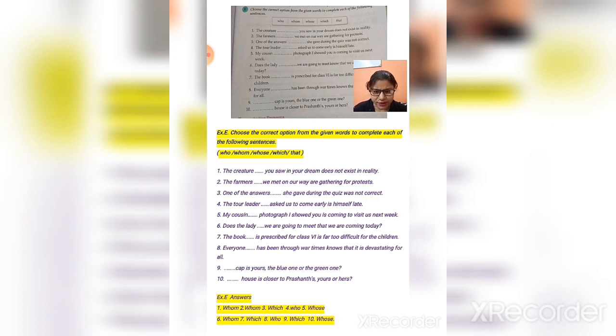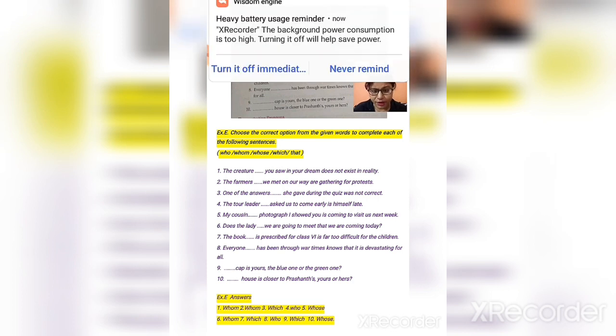Now come to the seventh. Your seventh answer will be which. The book which is prescribed for class 6 is far too difficult for the children, no? Now the answer 8 will be who.